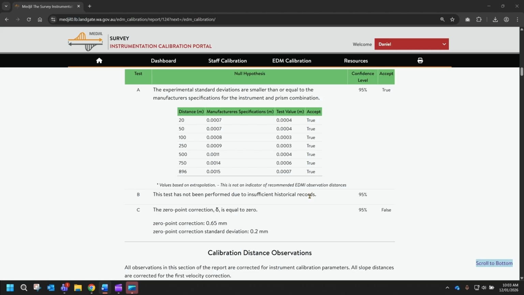It's actually specifically the experimental standard deviation, which I haven't really talked about much, between the calibrations to determine if they quote-unquote belong to the same population. I have not dug too deeply into this. These actually originate from the ISO standards. But if this test failed, it might indicate there's a significant statistical difference between the EDM instrument calibrations, and that might need investigating.